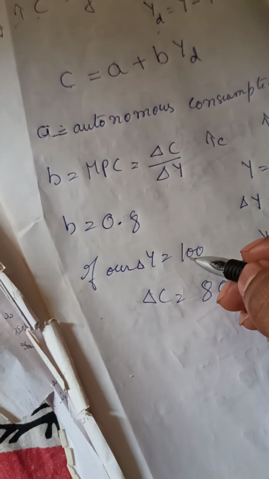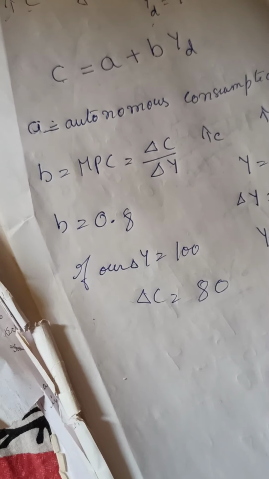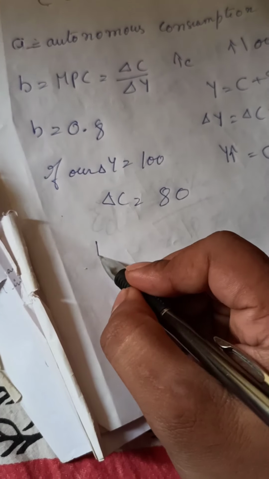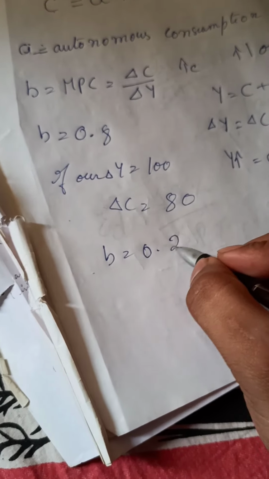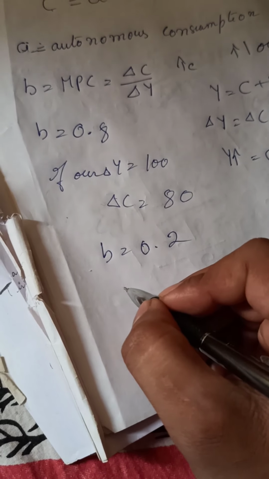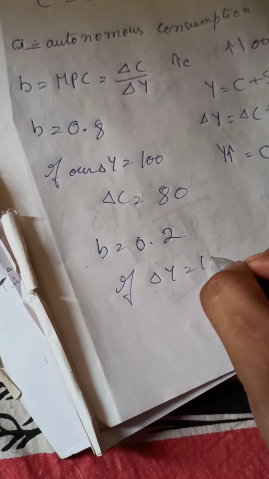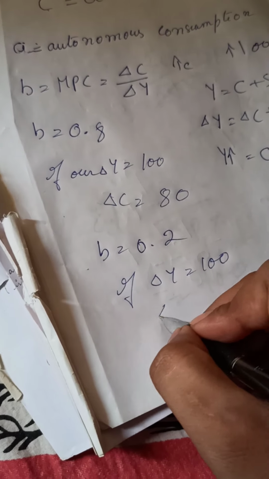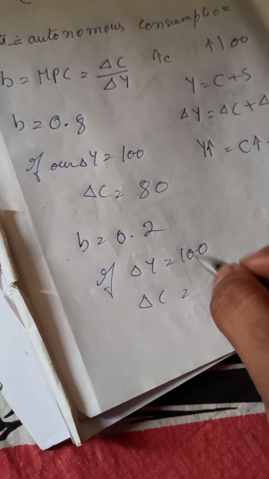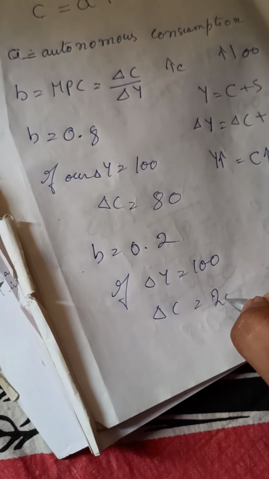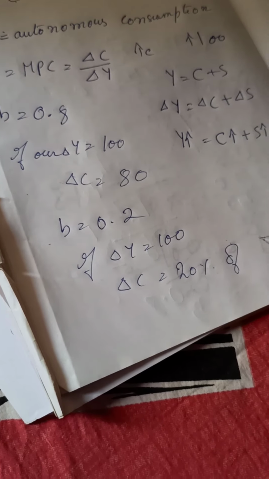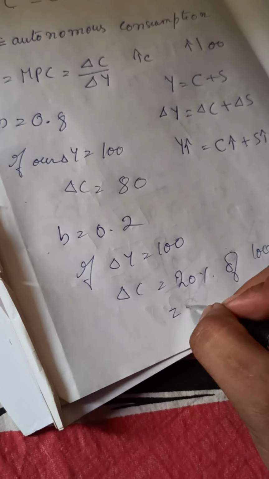So 80% of 100 rupees is 80 rupees. If the value of B is 0.2, then it implies that if our income increases by 100 rupees, our del C would be 20% of 100 rupees, that is basically 20 rupees.